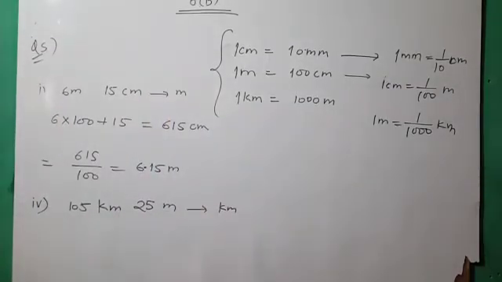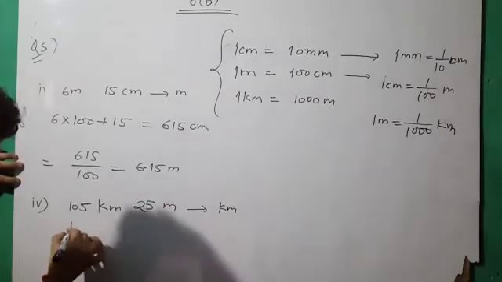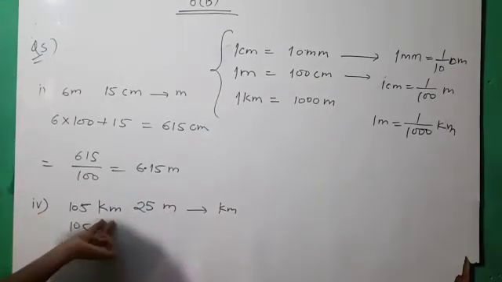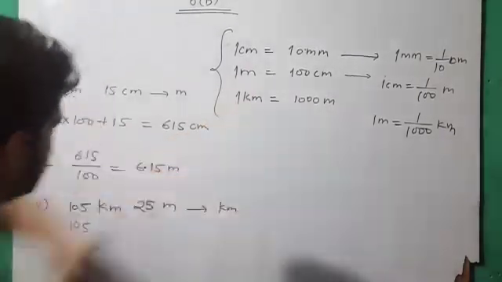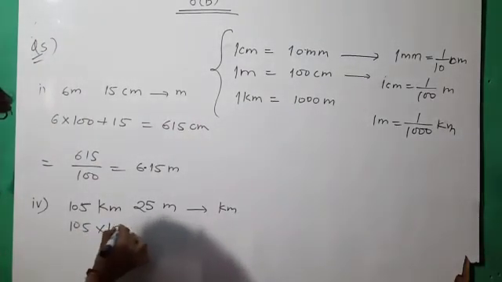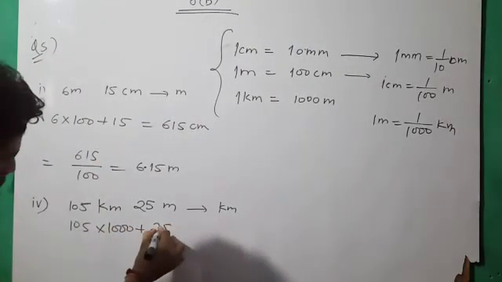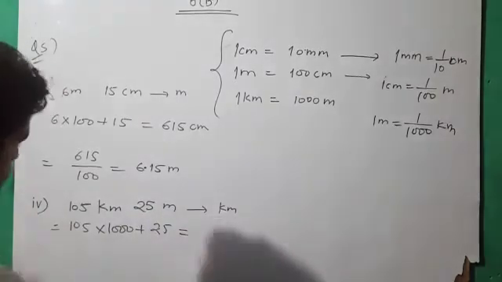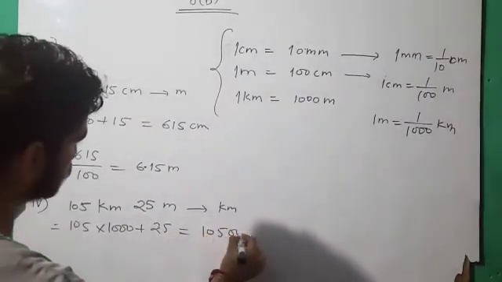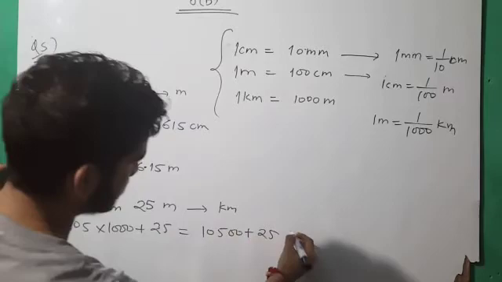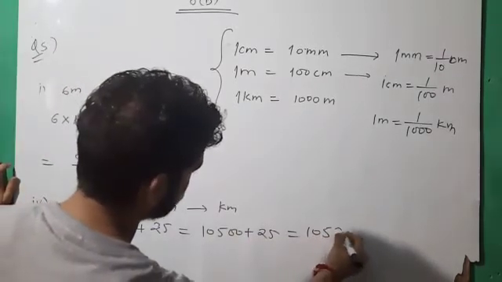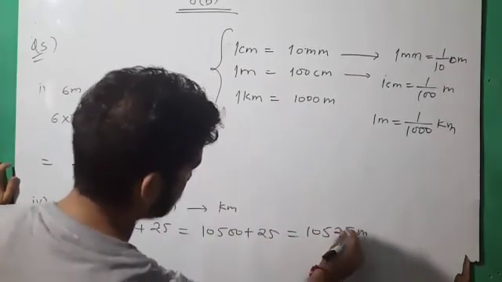According to the question, we have to change this value. We know 1 kilometer equals 1000 meter. So 105 into 1000 plus 25. The total value is 105000 plus 25, that is 105025 meter.